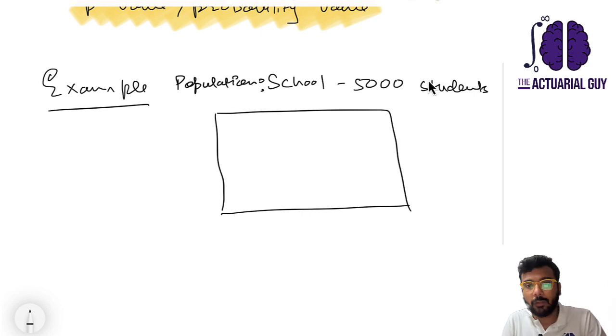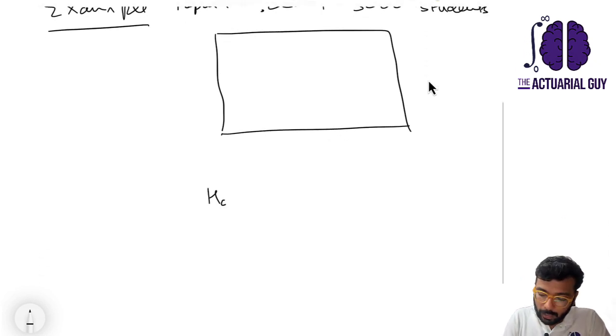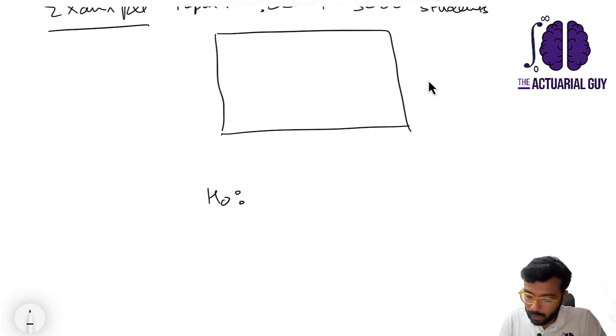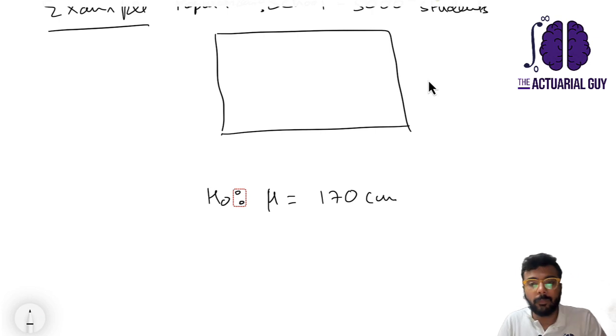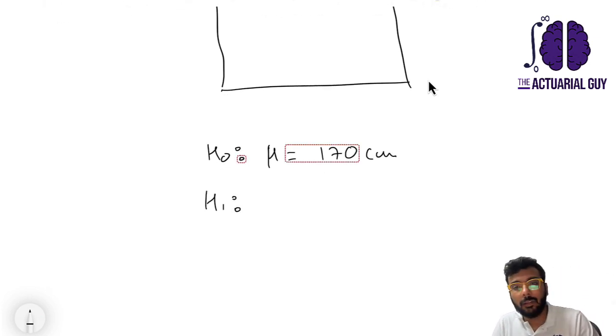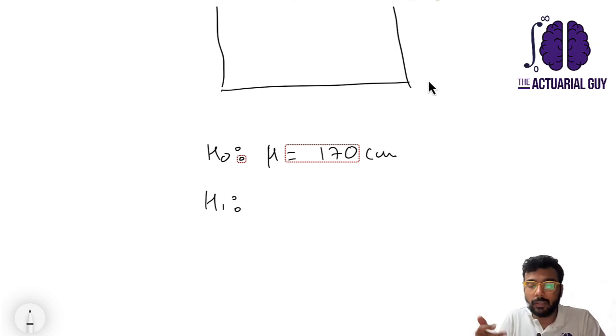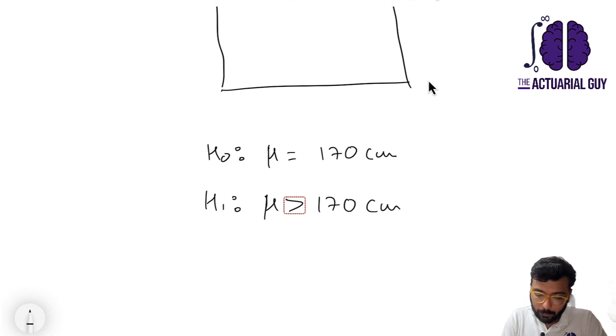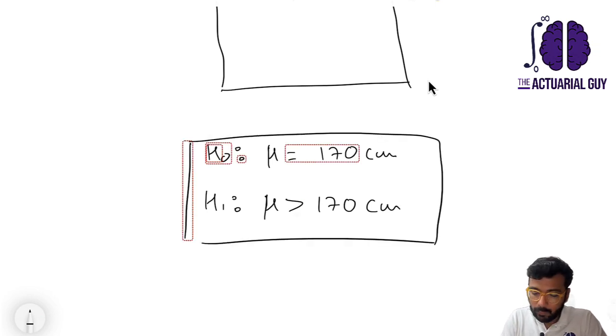The null hypothesis is that the average height of students in this school, represented by mu, is 170 centimeters. The alternative hypothesis in this case is that the students are taller than this. That is, the average height of the students in this school is more than 170 centimeters. Right? This is the hypothesis test that you're doing.